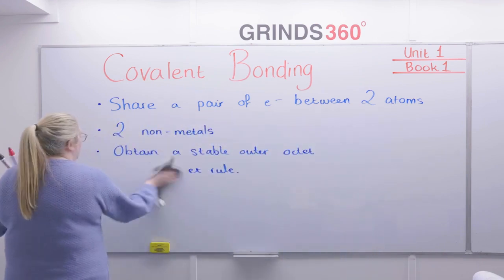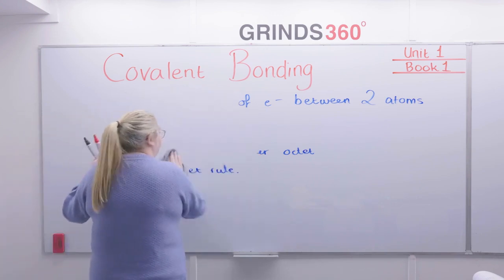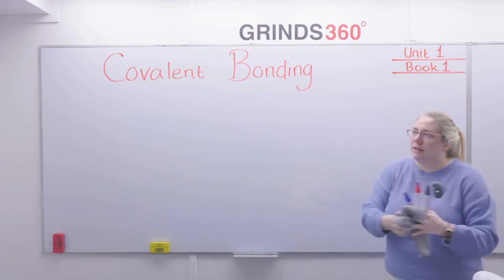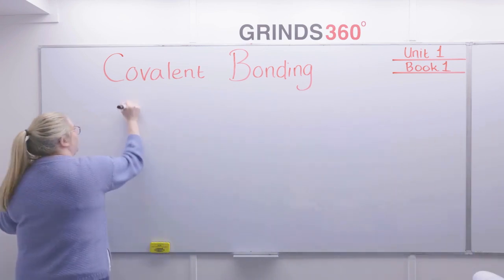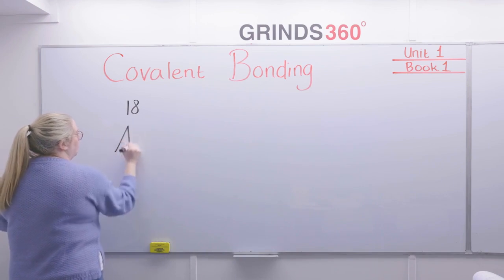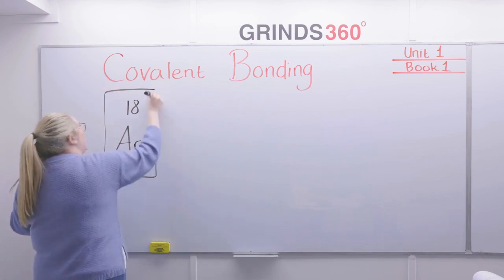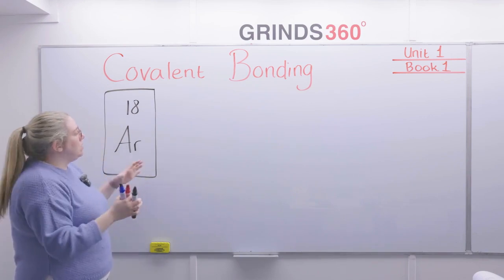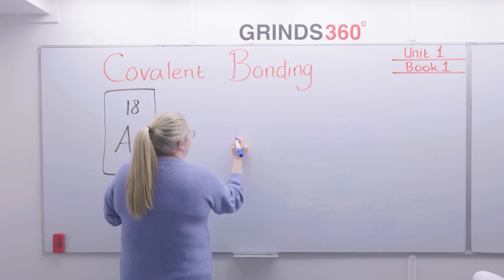Here, I'm just going to draw out argon. So argon in the periodic table has an atomic number of 18. I'm not putting up the mass number because it's not important. Remember, your atomic number is the number of protons in the nucleus. In a neutral atom, protons equals electrons, so I have 18 electrons to fill in.